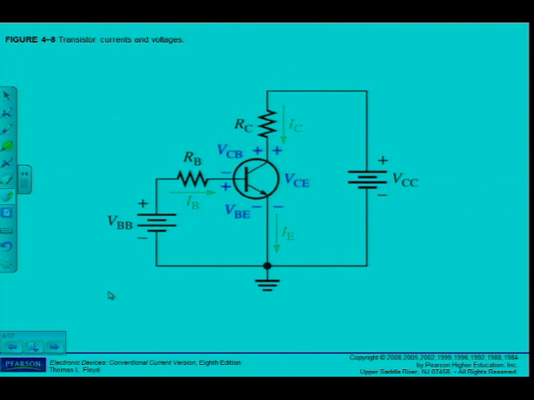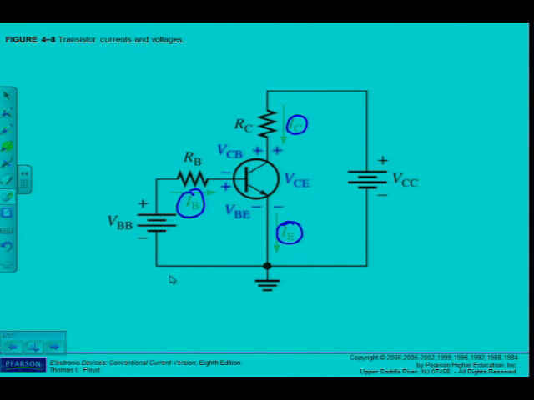Now remember, I've got the collector, base, and emitter, and we've already established that at the collector I have the collector current, at the base I have the base current, at the emitter I have the emitter current flowing in directions I've shown, and the largest being IE, which is IB plus IC.